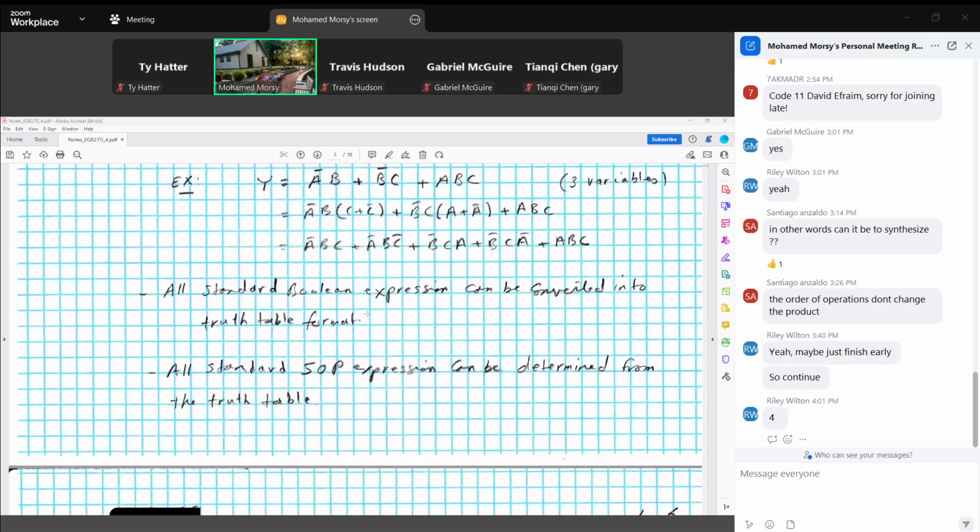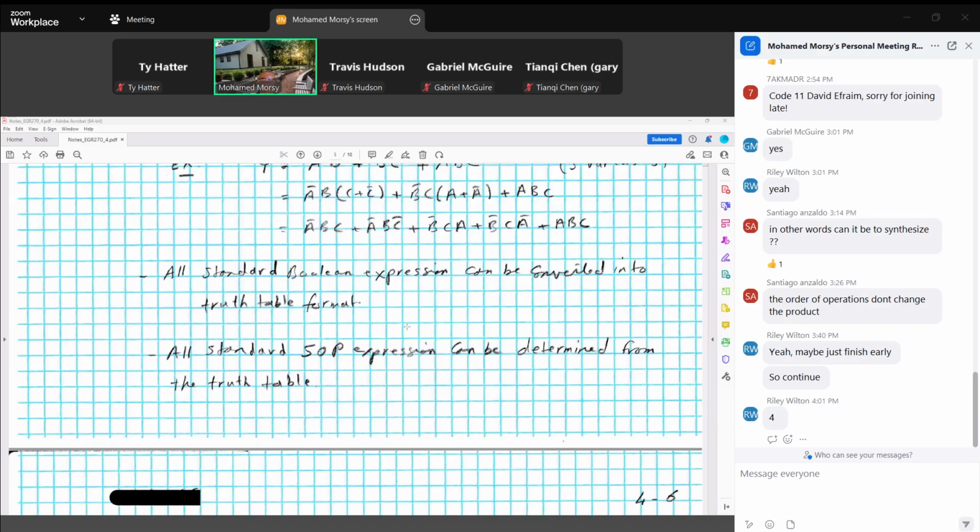Now, all standard Boolean expressions can be converted into truth table format. If we have this expression, we can get the truth table. All standard sum of product expressions can be determined from the truth table.